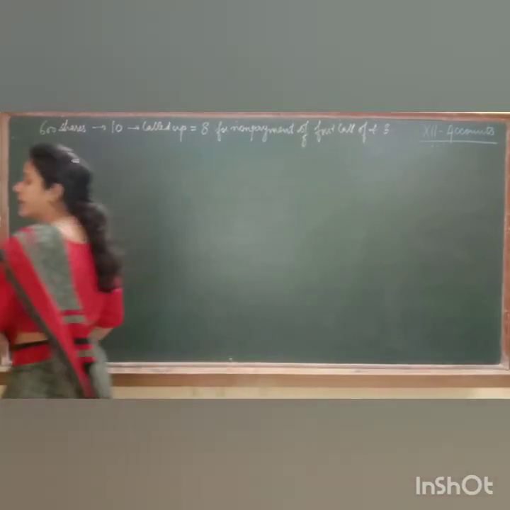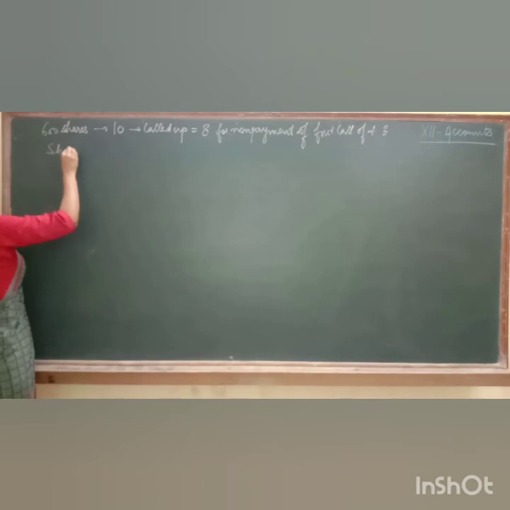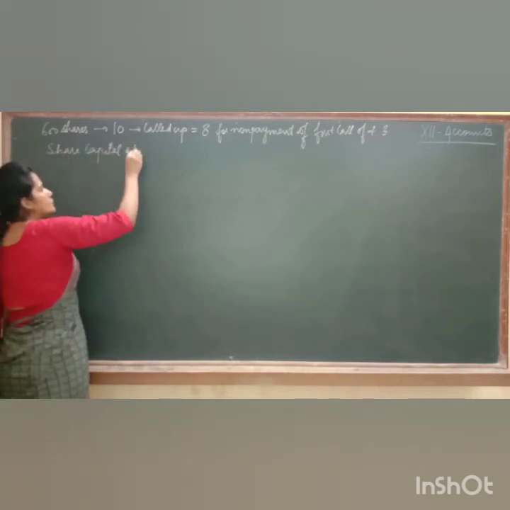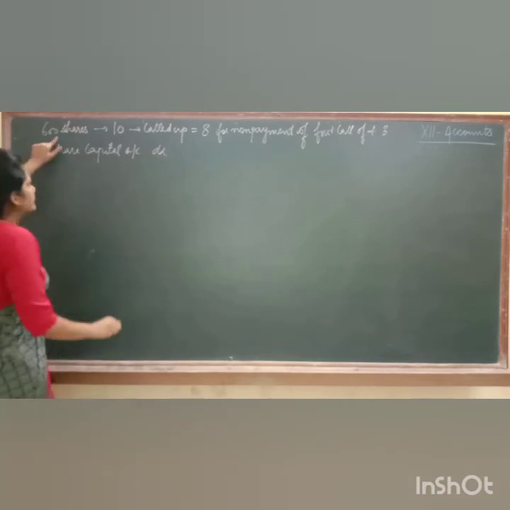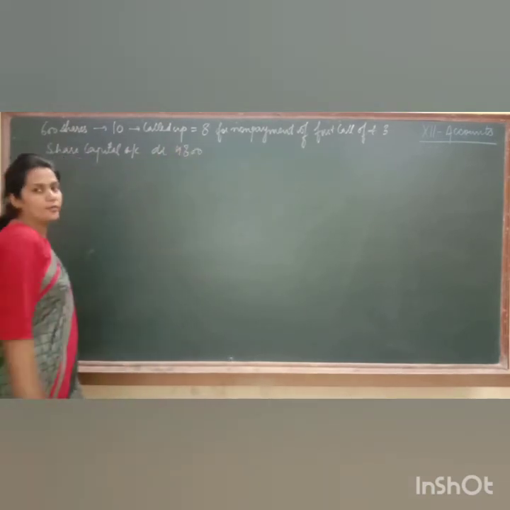So let's pass the entry for forfeiture first of all. Entry would be share capital account will be debited. 600 with the called up capital, that is 8, so 4800.